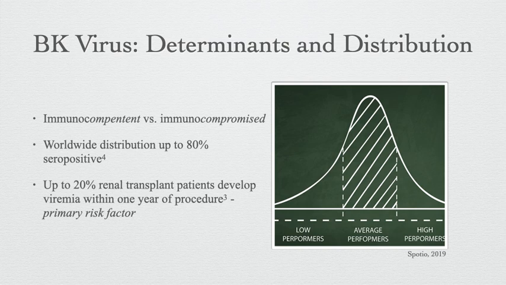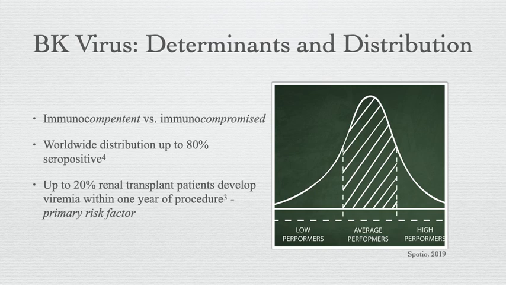In most cases, the virus infects the host, and after a brief cold and flu-like symptoms, life goes on. However, if the host becomes immunocompromised, as commonly seen in kidney transplant recipients, disease presentation can occur.